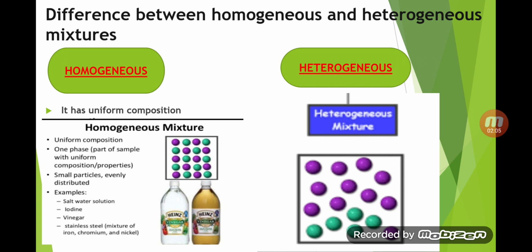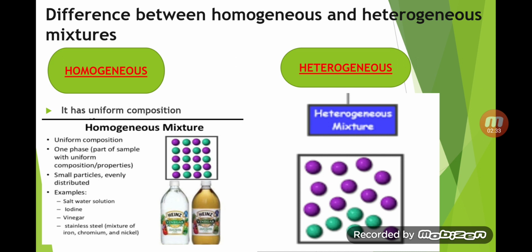But on the other hand, in a heterogeneous mixture, after mixing two or more substances, there is no uniform composition, and the solute and solvent can be seen with our naked eye, and there is a separation boundary between them. That is called a heterogeneous mixture.